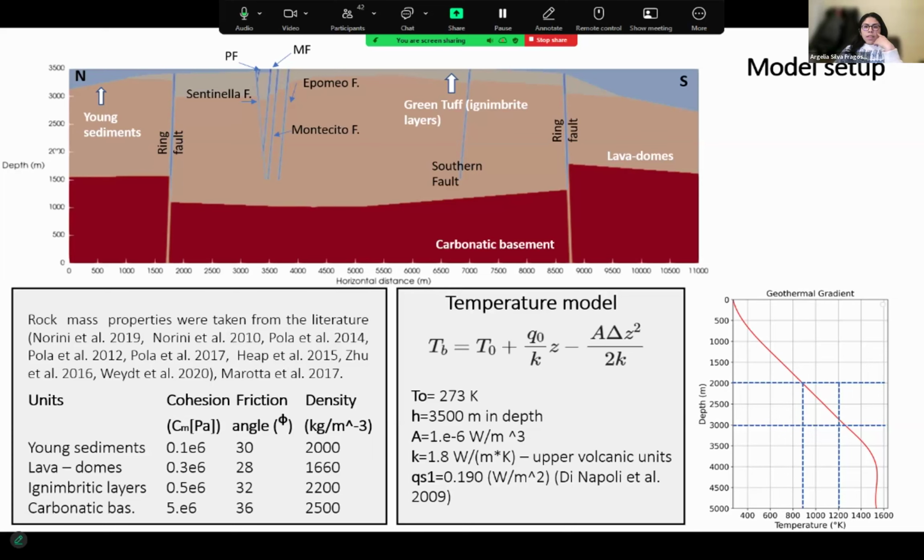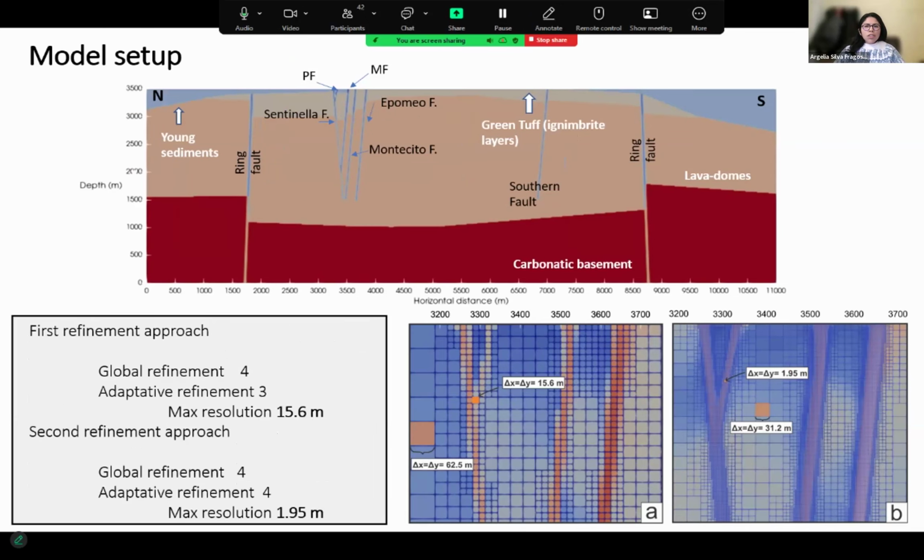Then, if you see this graph that represents the geothermal gradient of the Ischia caldera, we can see that we are reaching high temperature values at really shallow depths. That's why the brittle-ductile transition zone is located at around 2 to 3 kilometers, where the pure elastic condition may persist at this depth, with a temperature approaching the elastic limit. So I used different resolutions to have enough elements inside my faults, given that they were not so wide.